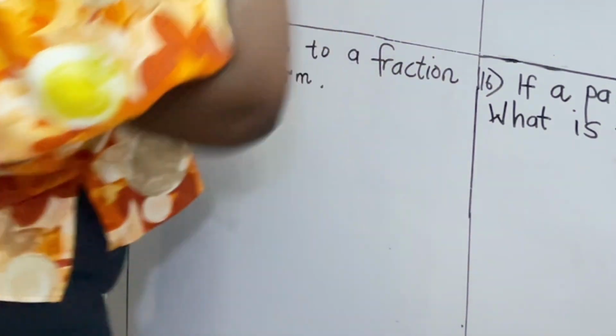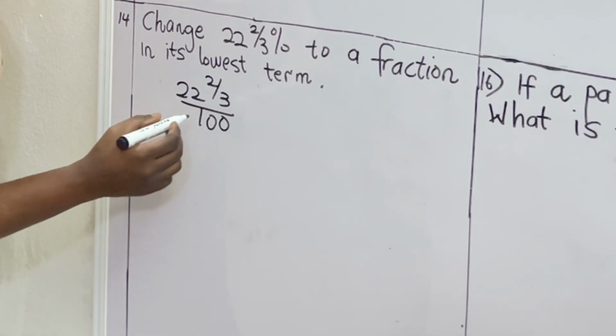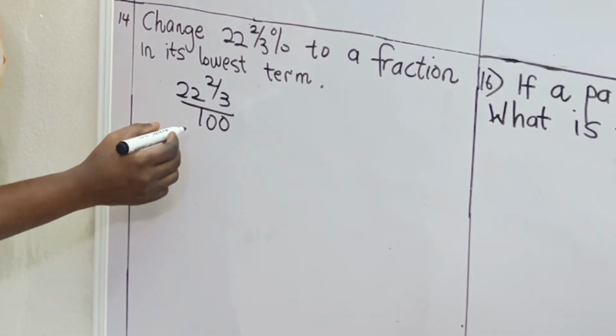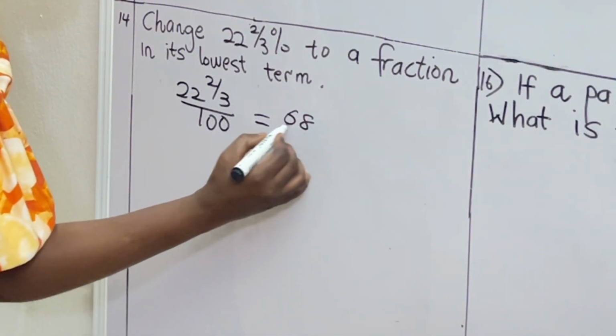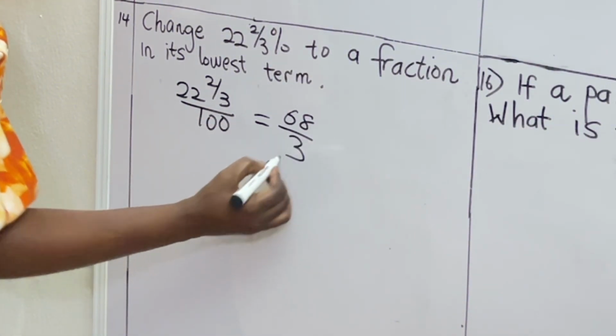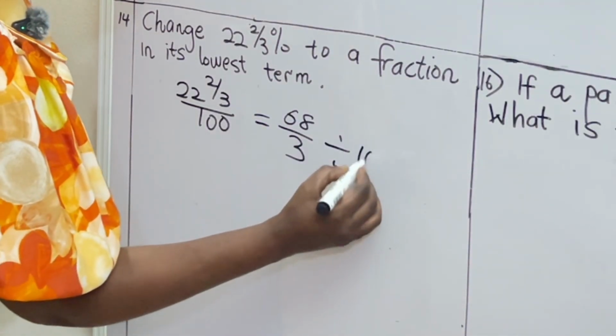Okay, so change this to fraction. 3 times 22 will give you what? 66 plus 2. That will give you 68 over the denominator, which is 3. Then you have the 100 divided by 100.